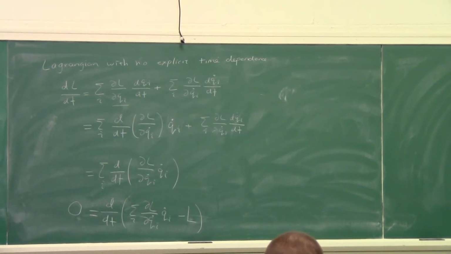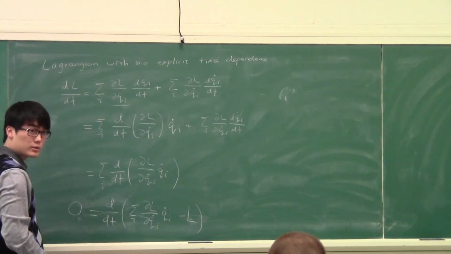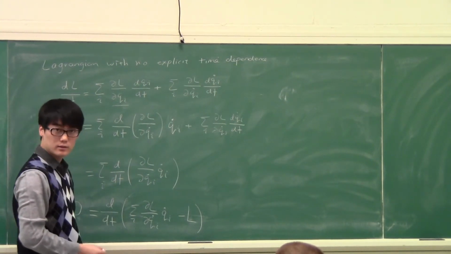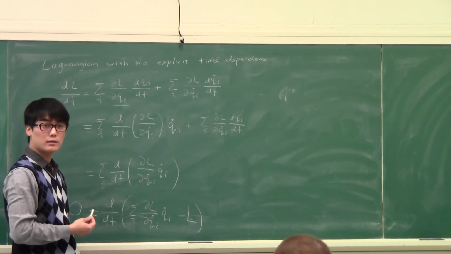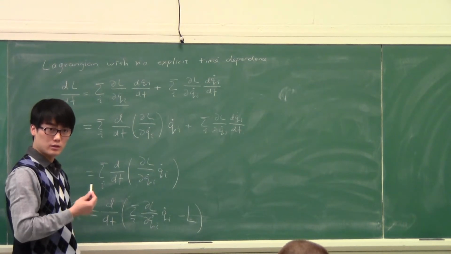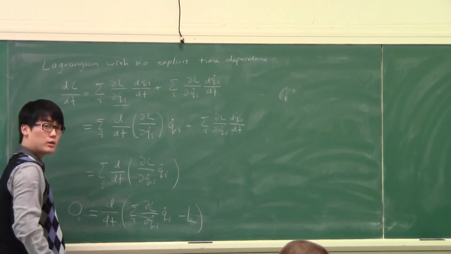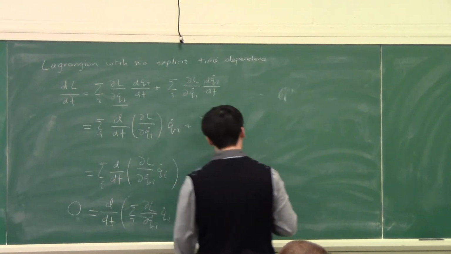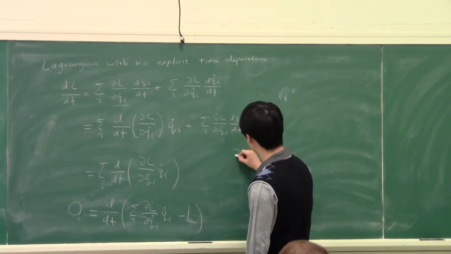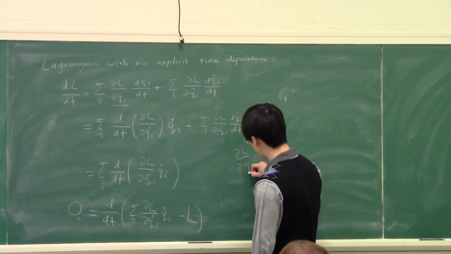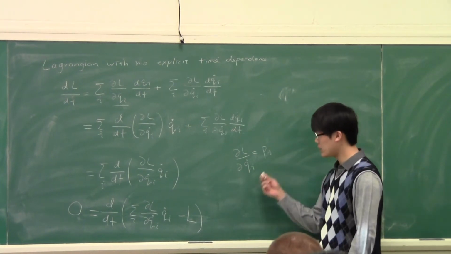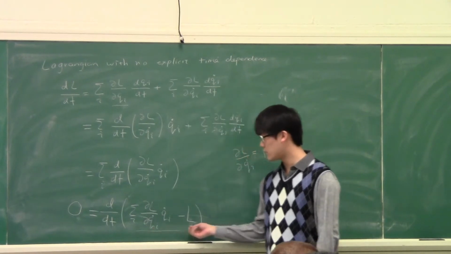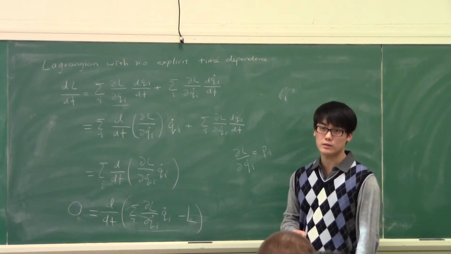So now you see that the motion has a conserved quantity, meaning that that quantity's time derivative is 0. And this is only true if we plug in the Euler-Lagrange equation, so for the path that the system evolves in, there's a conserved quantity. Per our definition of the generalized momenta, which we defined last time, if you plug this in, you recognize that this is just what we define to be the Hamiltonian of the system.